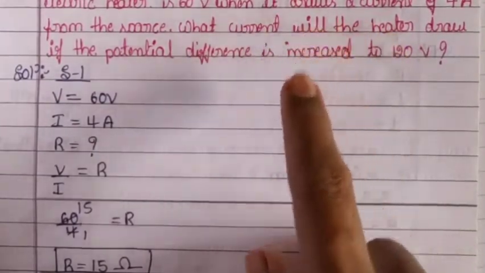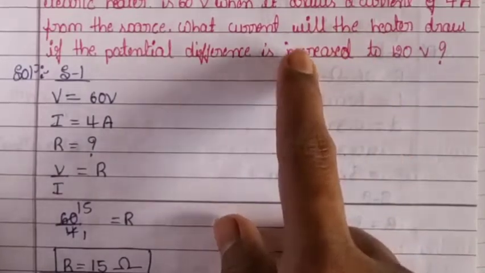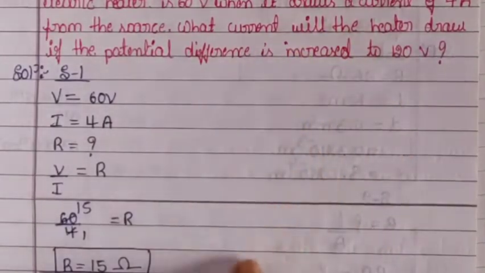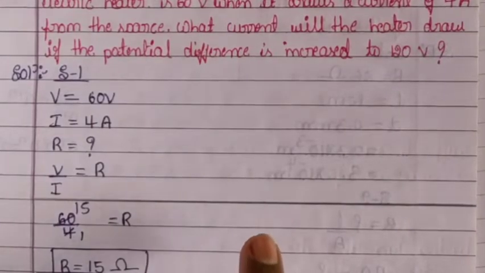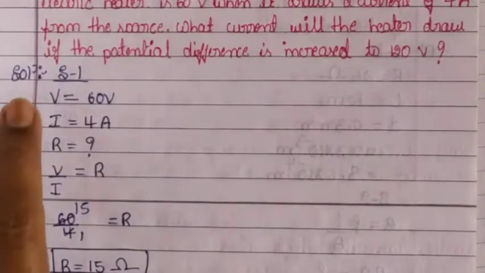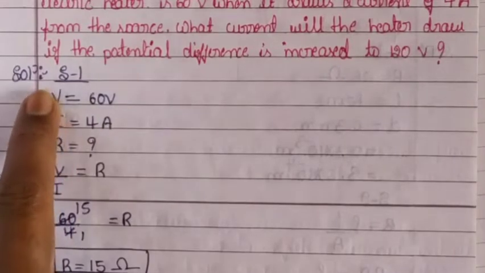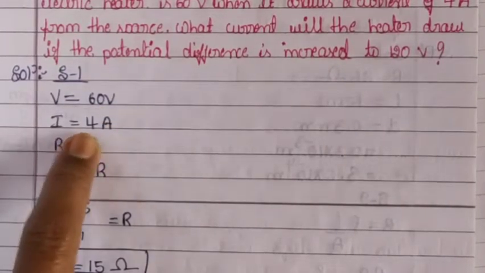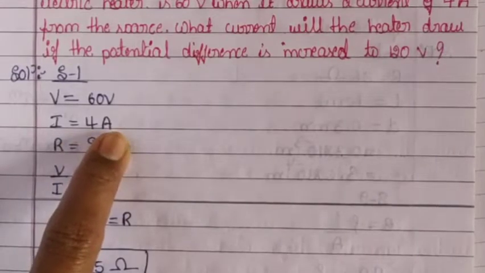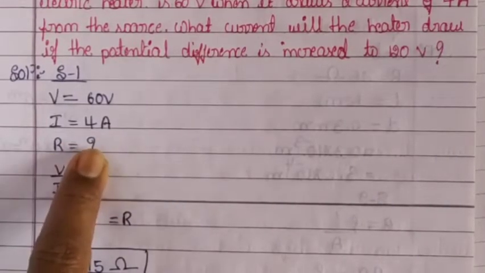Before finding the current drawn by the heater, first we shall find the resistance of that electric heater. Okay. In step 1, V is given here. V is equal to 60 volt. The current I is equal to 4 ampere. R is a question mark.